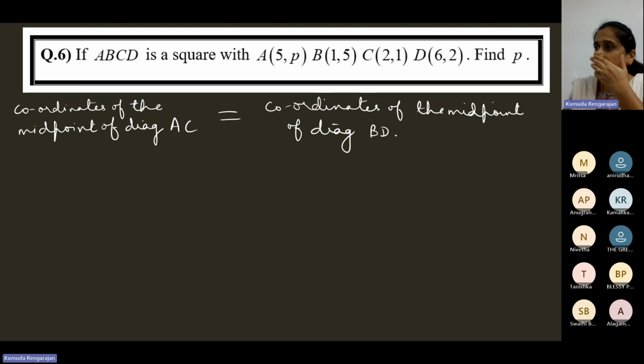Is this correct? Both of them have the same midpoint. Both the diagonals have the same midpoint. So the address of the midpoint of the diagonal AC and the address of the midpoint of the diagonal BD, both will be the same, no? Because both refer to the same point.